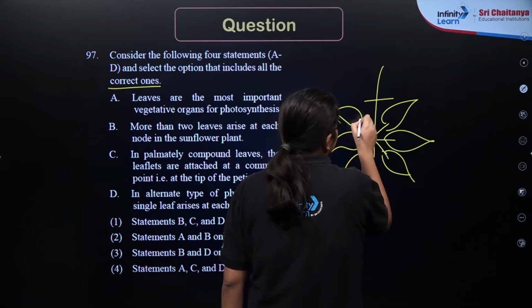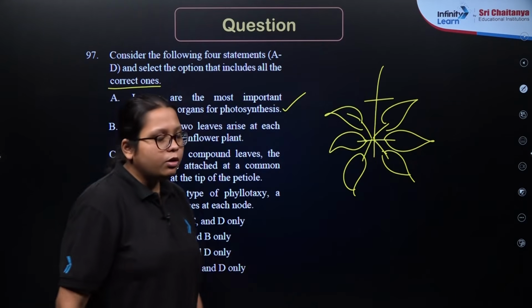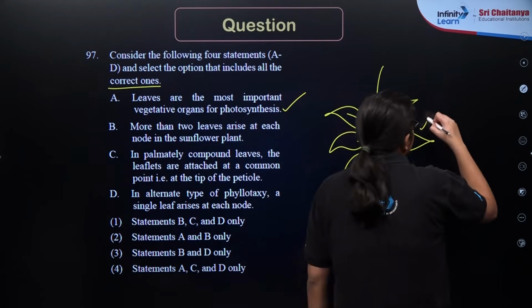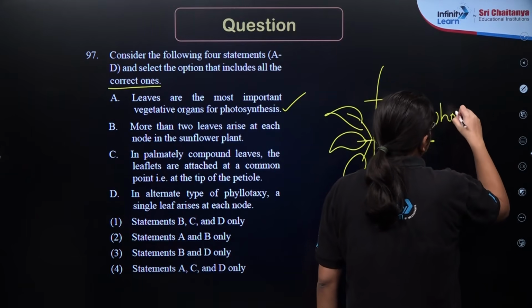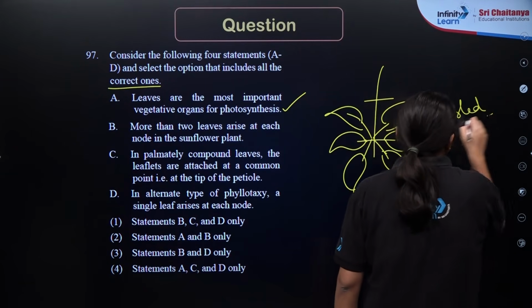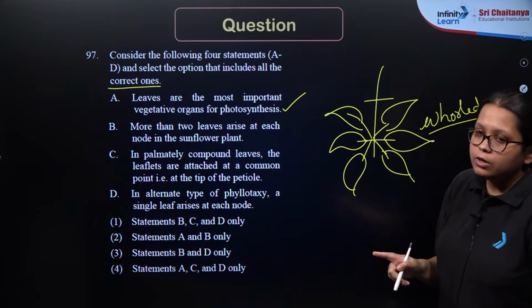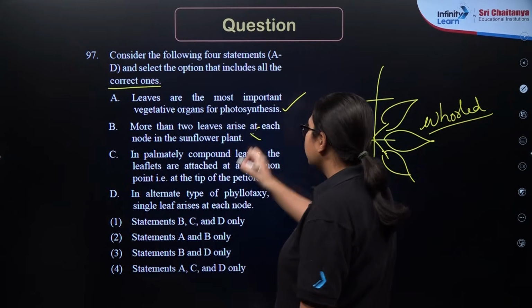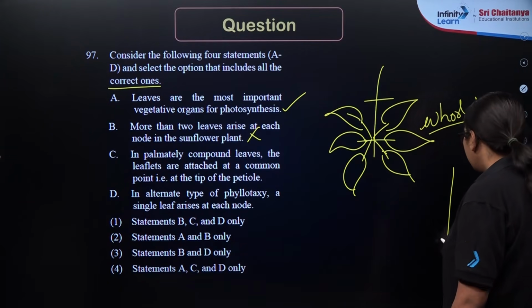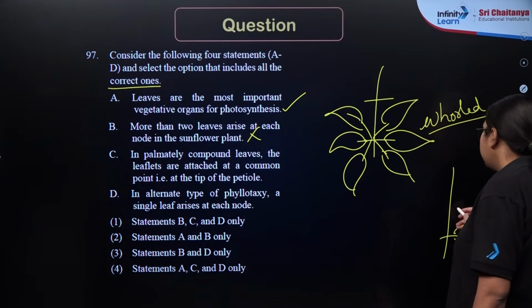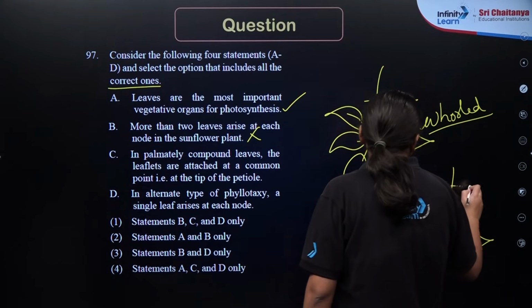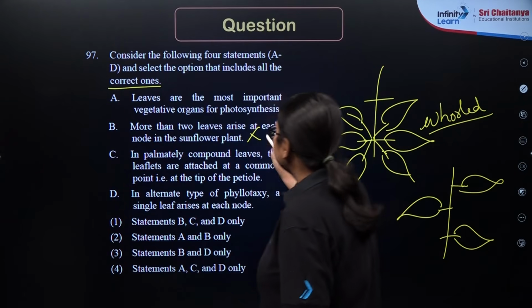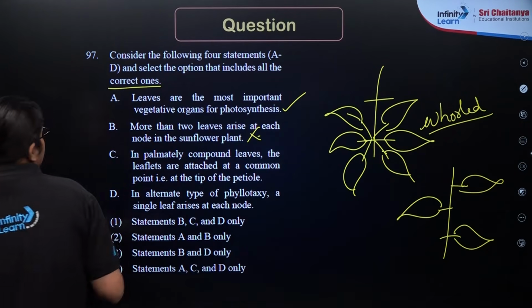When more than 1 leaf arises from a single node, that kind of phyllotaxy is called whorled phyllotaxy, which is seen in Alstonia. In sunflower, we have alternate phyllotaxy, meaning from one node there is only one leaf, in an alternate manner. So this is wrong.